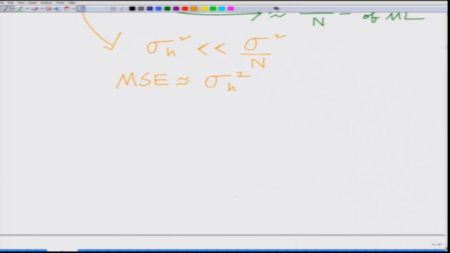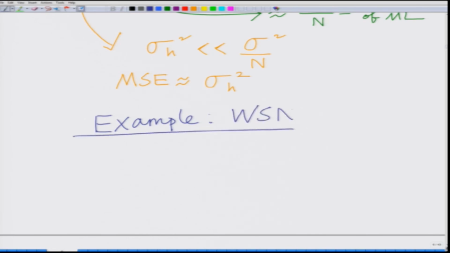All right, this is an interesting observation that you can see. Let us do a simple example to understand this thing, similar to the MMSE estimate. We have our WSN example that we have considered previously. Let us do the same example.